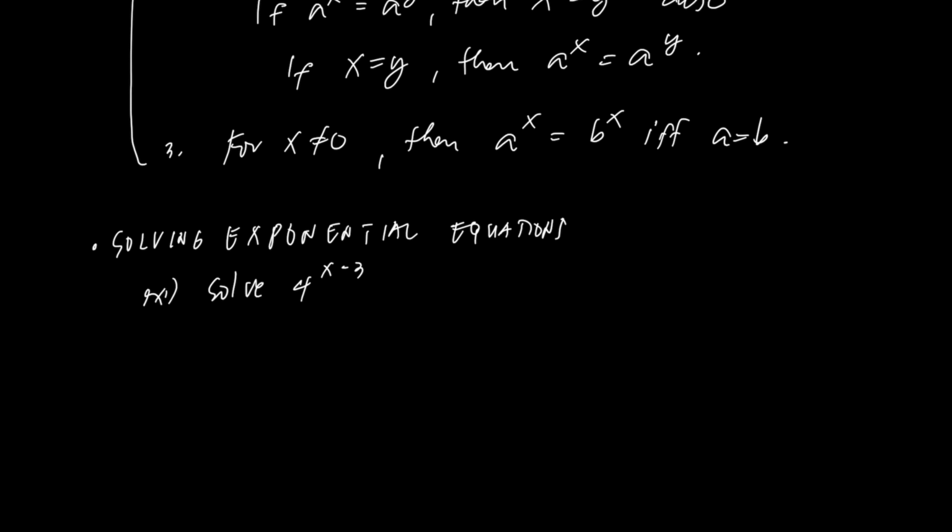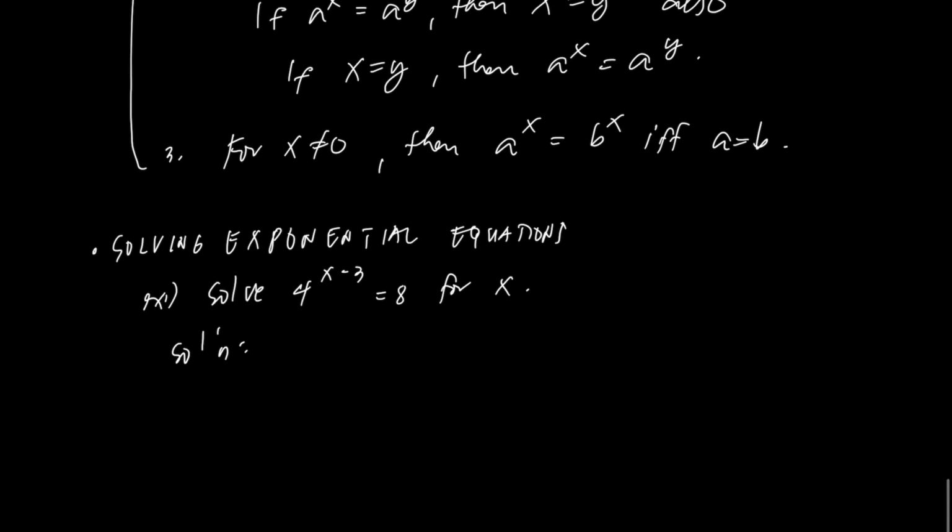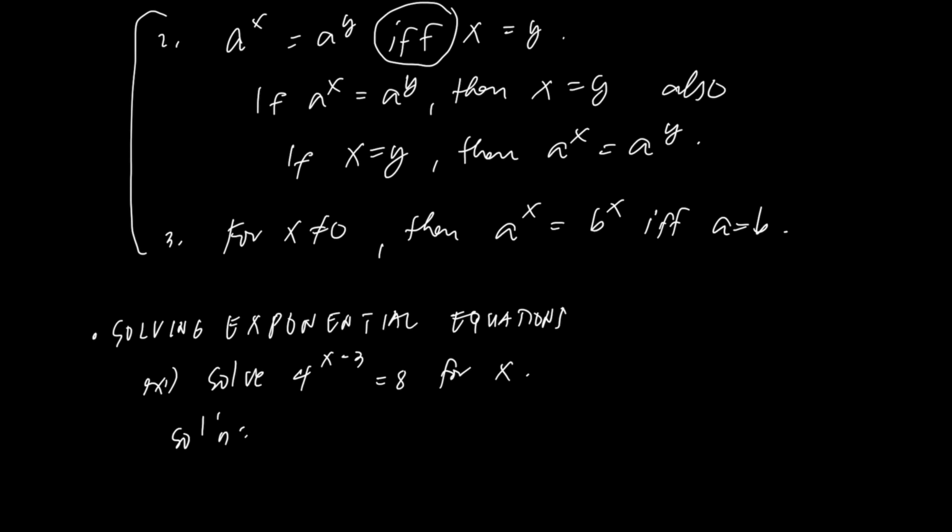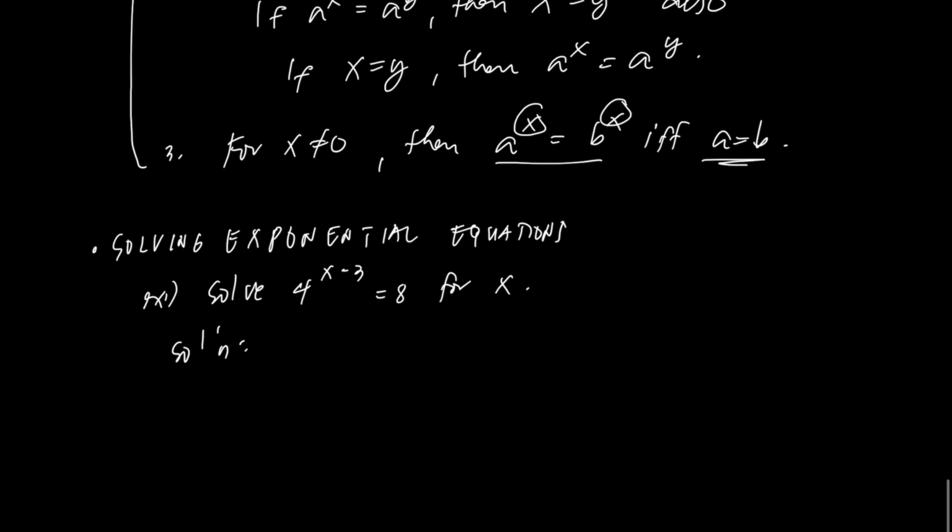Solve 4 to the x minus 3 equals 8 for x. So solution. Take note that we have this rule here. So we'll find ways that the exponents are the same but different base, or the same base but different exponent, so that we can have their corresponding equivalents.